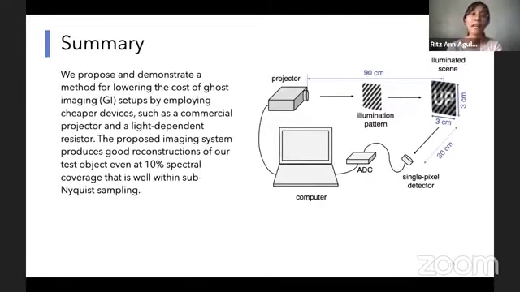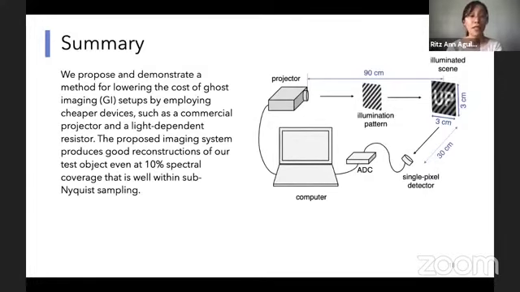So to summarize that part, we propose and demonstrate a method for lowering the cost of computational ghost imaging setups by employing cheaper devices such as a commercial projector and a light dependent resistor.